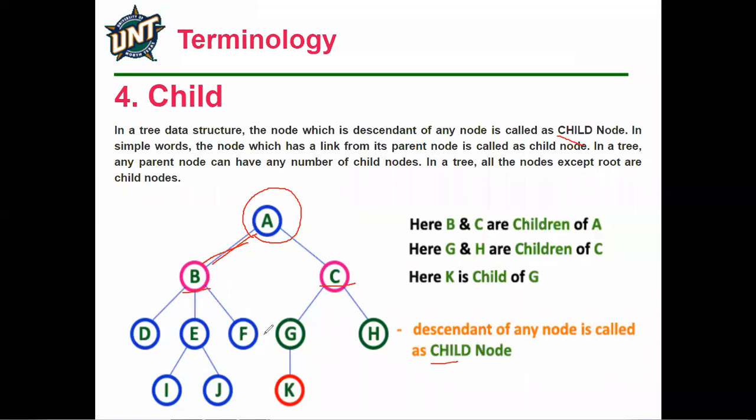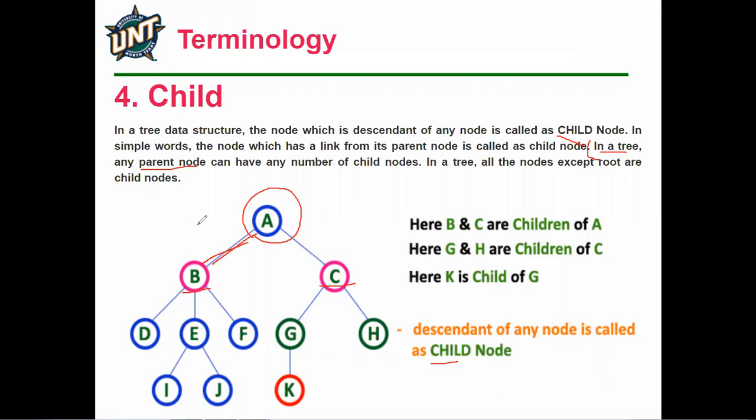We are highlighting with different colors so you can easily understand which node is called a child node. The next line is very important: in a tree, any parent node can have any number of child nodes. These next lines of any definition should be clear so that you can understand the concept properly, because these terminologies are very important.